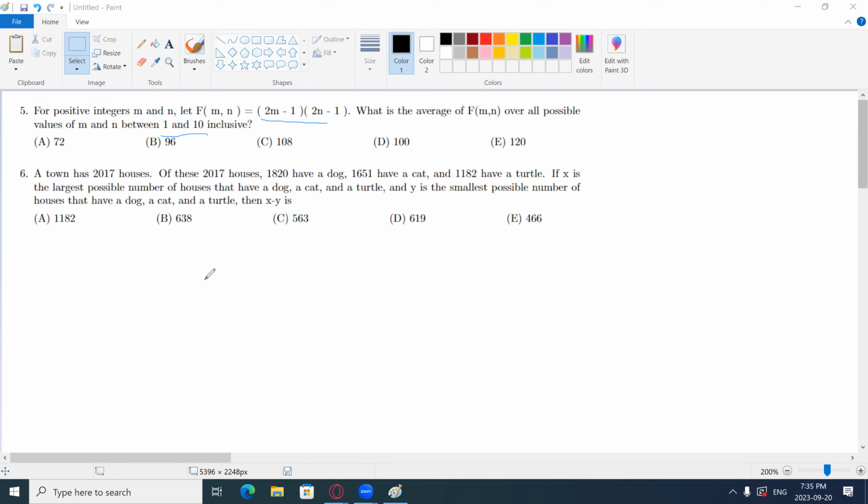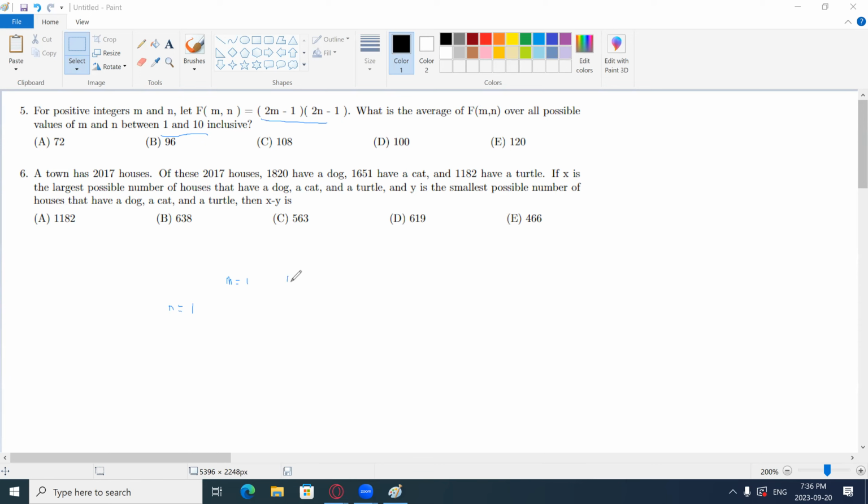So we can find some examples by listing some numbers here. When m is equal to 1 and n is equal to 1, we will get an Fmn here.